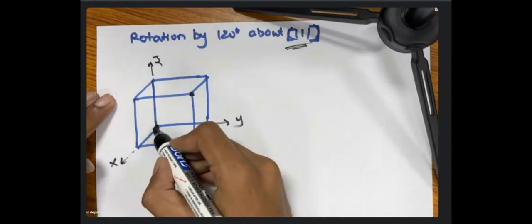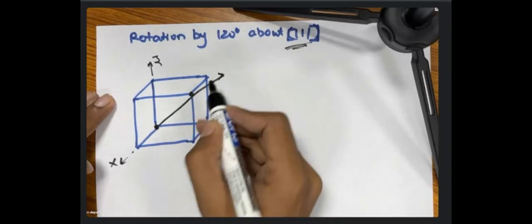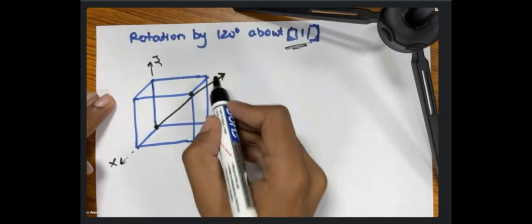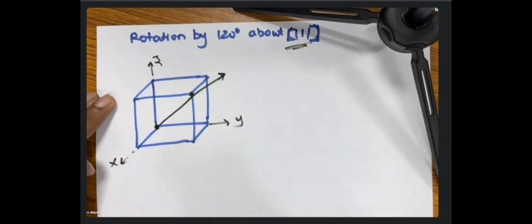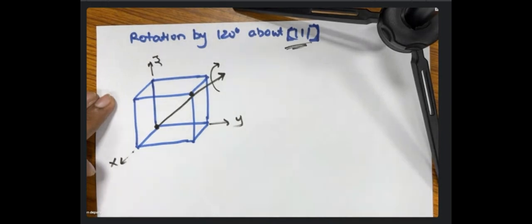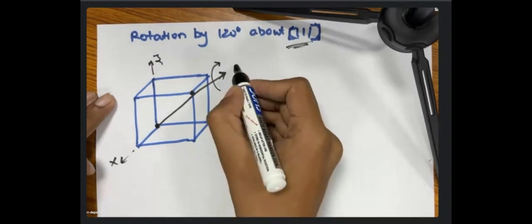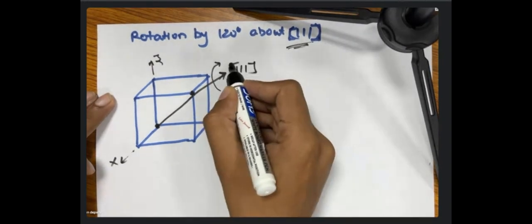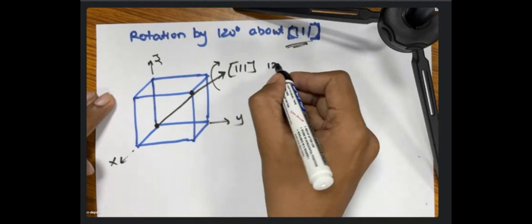We can join them, and we can say that this is how we are rotating it. So this is our rotation axis [111], and we have to rotate by 120 degree.